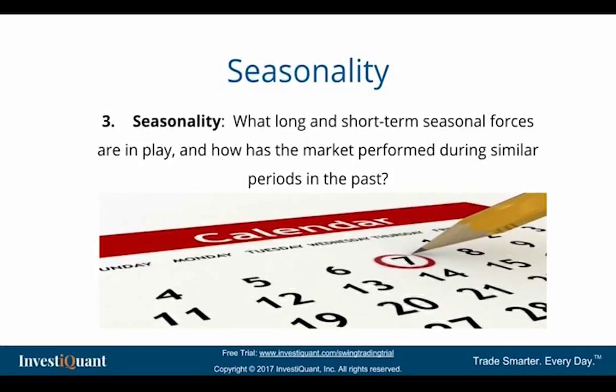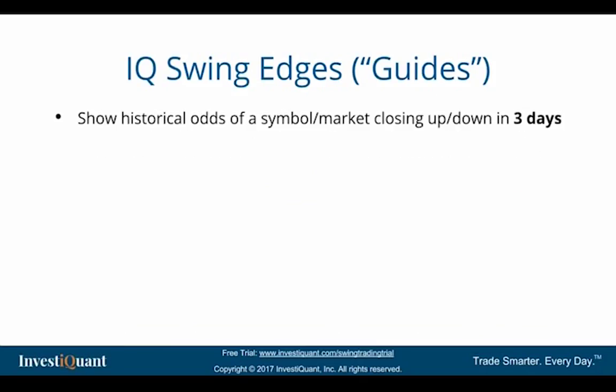We've taken what we believe to be the best cuts and slices of it and created 3 different seasonality systems that look at the next 1, 3, and 5 days, just like momentum systems and acceleration systems. In doing this, we created guides, and the guides really show historical odds of a symbol or a market closing up or down over the next few days.